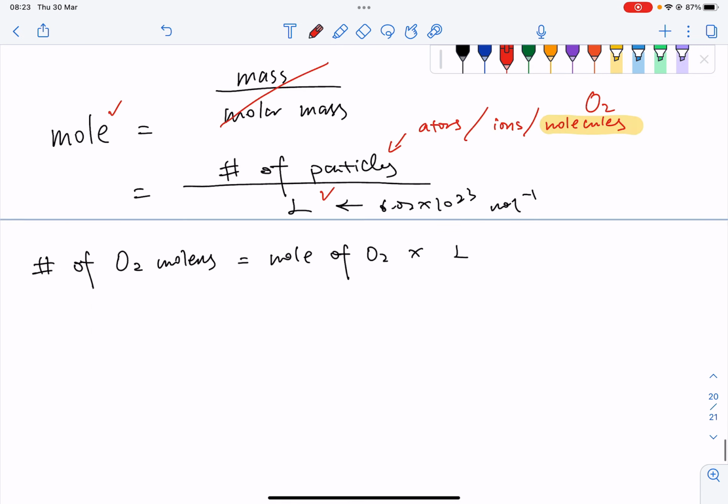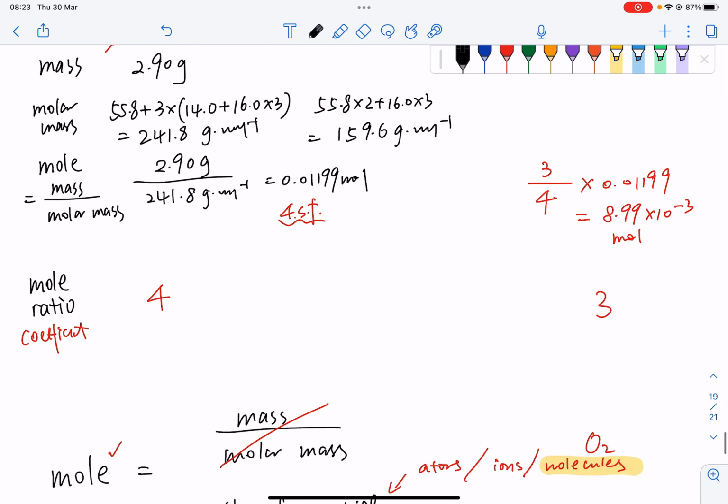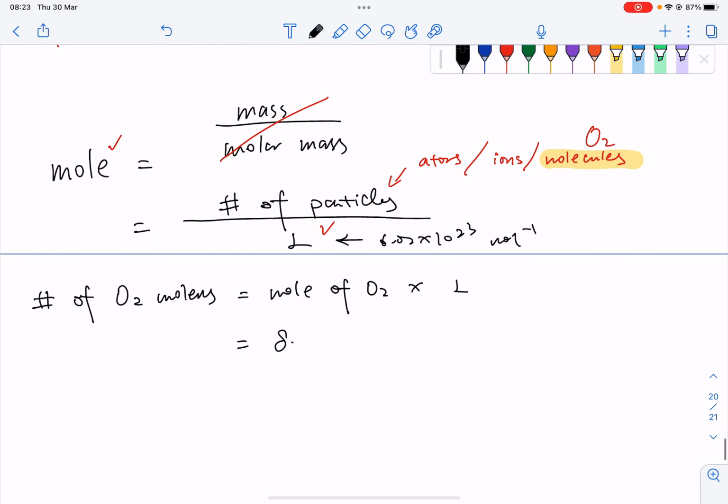If we have this, can we calculate the number of particles? Let me copy down the moles here. It will be 8.99 times 10 to the power -3 mole, times L, the Avogadro constant, 6.02 times 10 to the power 23.